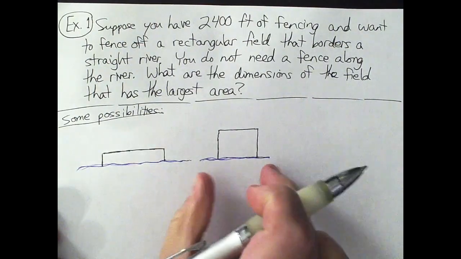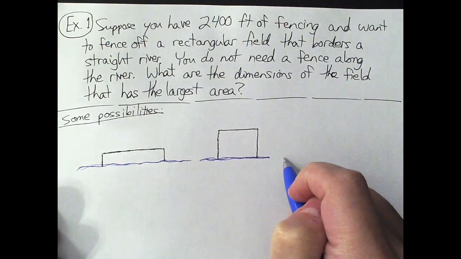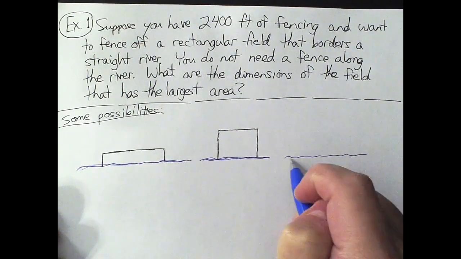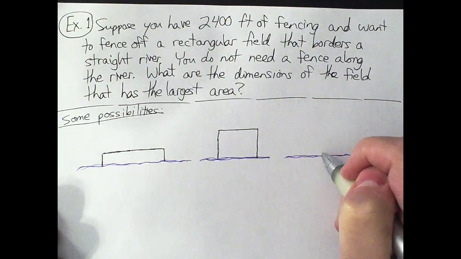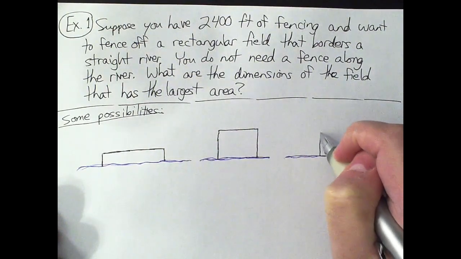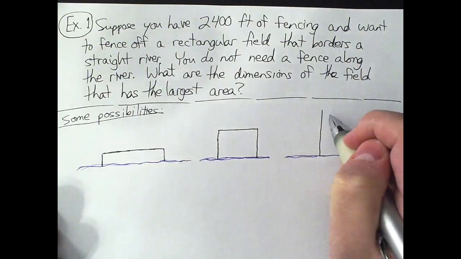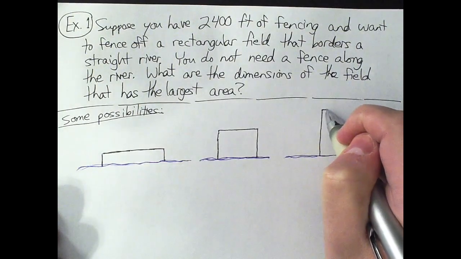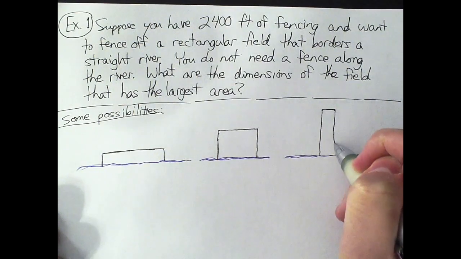So it's not really as wide as the first example. And then another example to make a rectangle is we could make a fenced-in area that goes really far out from the river. But if we use a lot of the fencing to go really far away from the river, then we don't really have much left to go horizontally. So we get something that's kind of like a really tall rectangle.